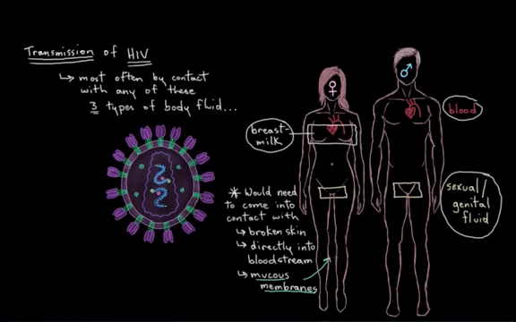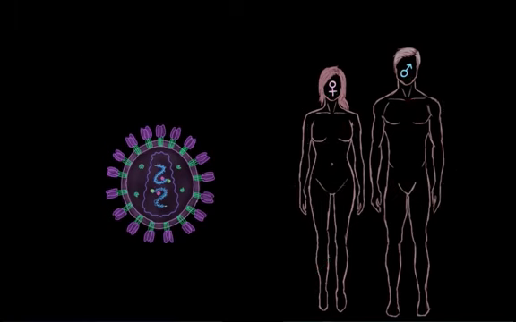So for example, inside your mouth or inside the vagina or the rectum or at the opening of the penis, HIV can cross into your body through these mucous membranes. You won't just become infected by, say, just looking at these fluids or just being near them or anything like that. One of these fluids would have to make it inside your bloodstream or make it through one of your mucous membranes by physical contact for you to possibly develop an infection, okay?